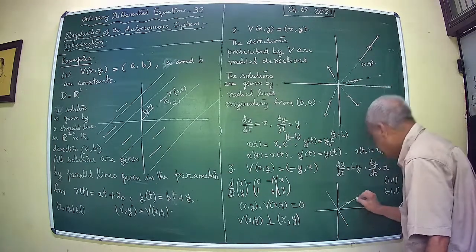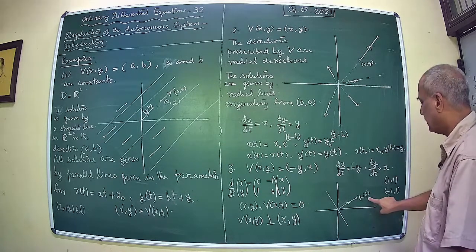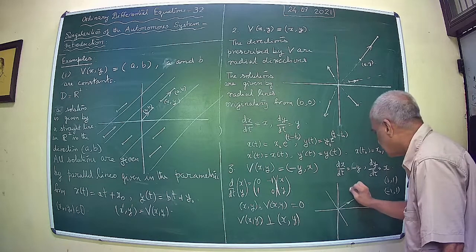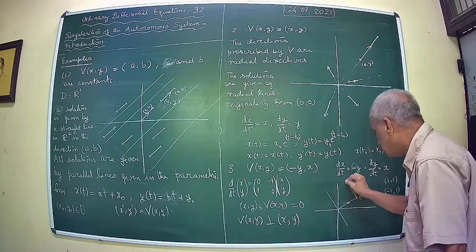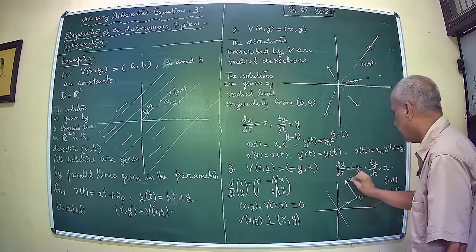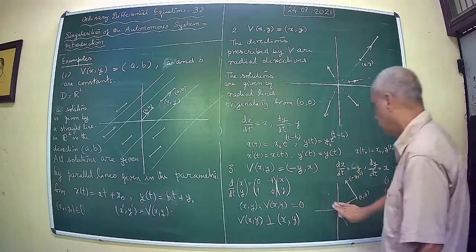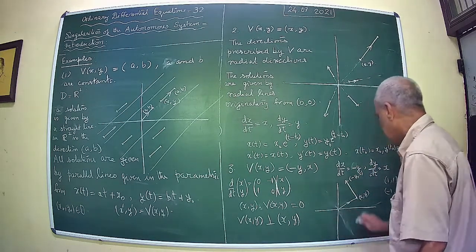Therefore, you see that if (x, y) is in the first quadrant, then it is going to be in this direction. This is (minus y, x). Okay. Right?